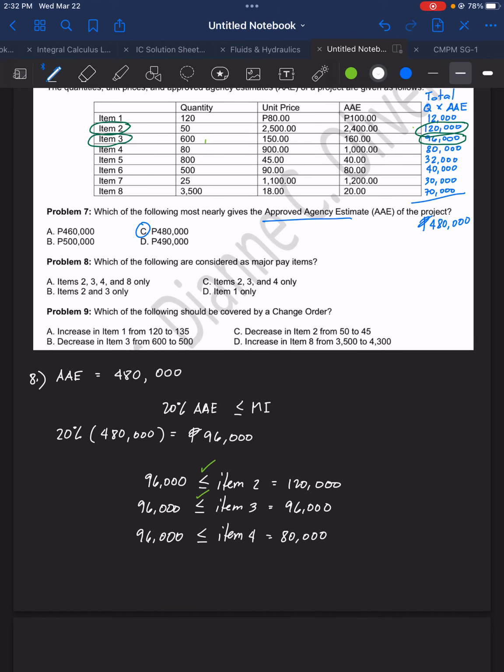Is item number 4 greater than 96,000? No, it's not. Therefore, only items 2 and 3 are considered as major pay items. So the answer for number 8 is letter B, items 2 and 3 only.